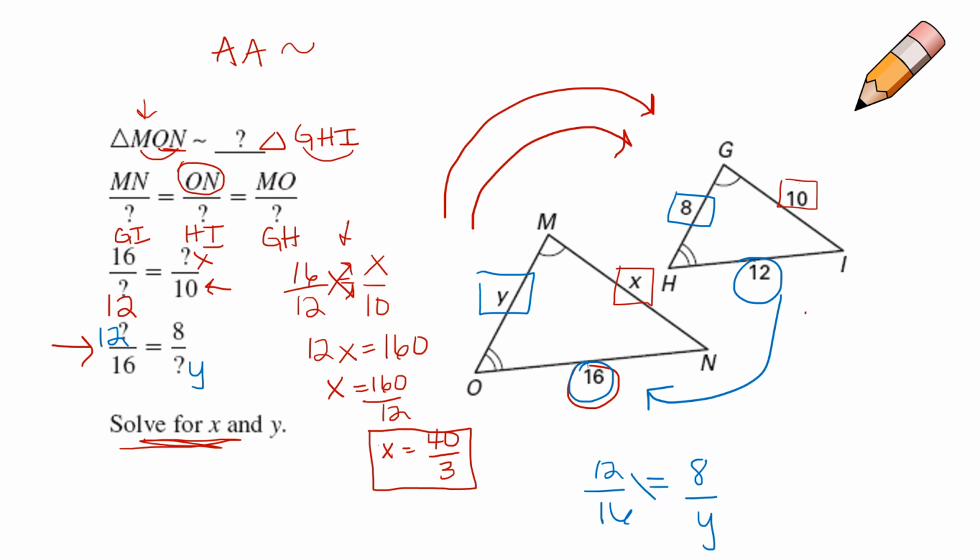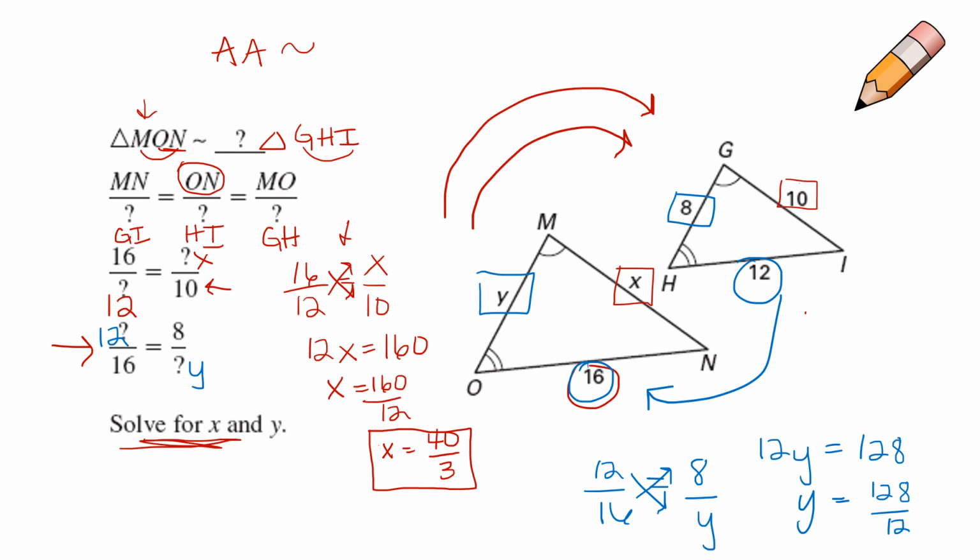So when I go to solve this, again, I want to cross multiply. So I'm going to get 12y equals 16 times 8, which is 128. And again, then I want to divide by 12. So 128 divided by 12. Again, I get a repeating decimal, so we're going to leave it as 128 over 12.